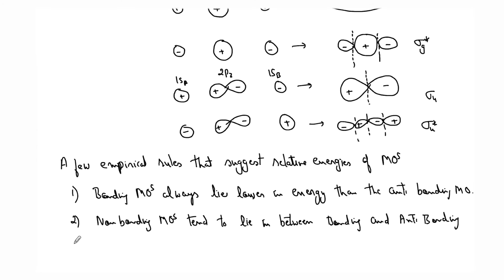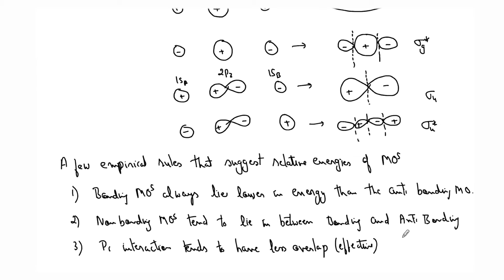There is no change. Okay, so third is pi interaction tends to have less effective overlap than the sigma interaction.